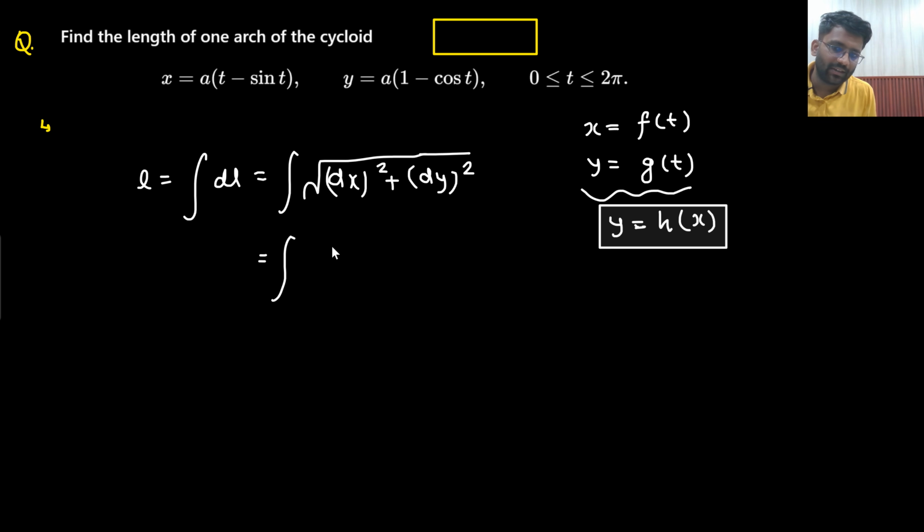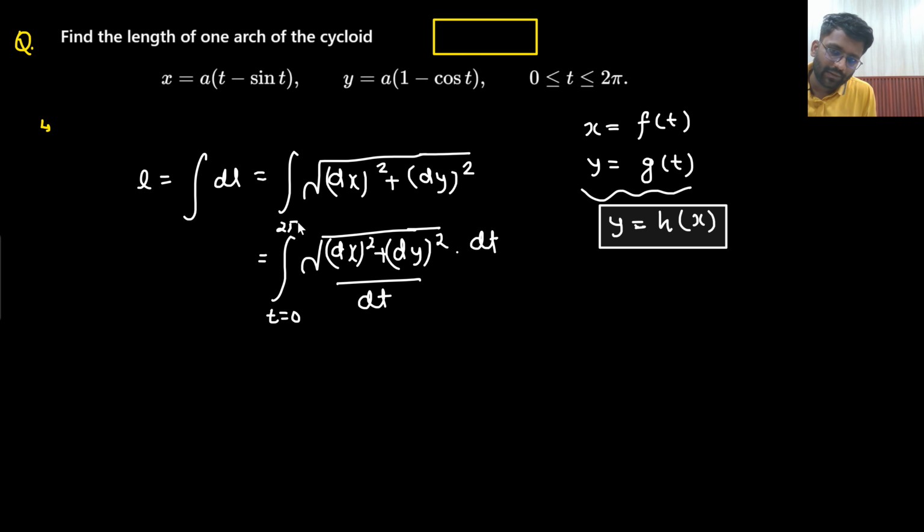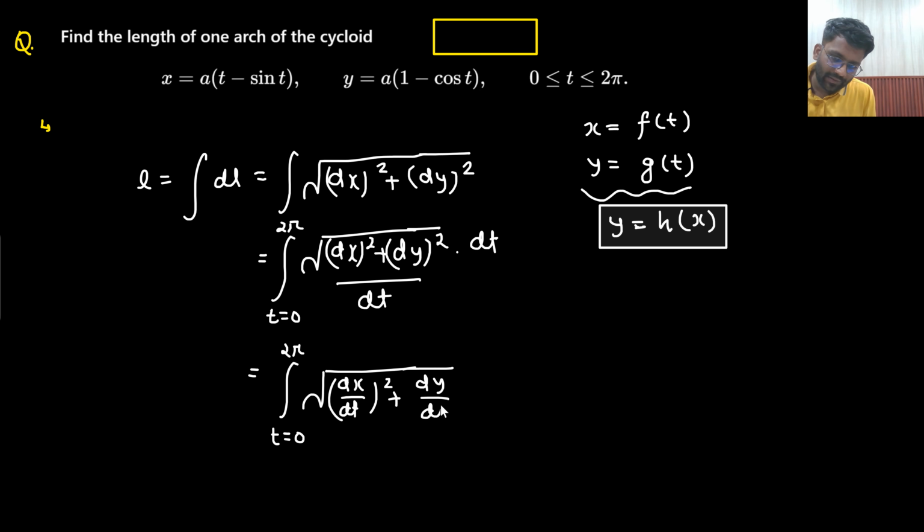I will have to multiply and divide with dt this time, with t going from 0 to 2 pi. So if this dt goes inside, it will become, t going from 0 to 2 pi, under root dx by dt whole square plus dy by dt whole square dot dt.